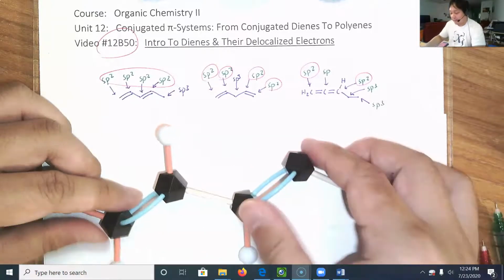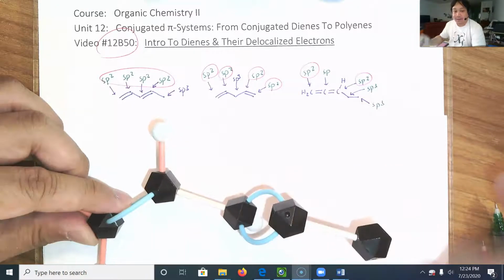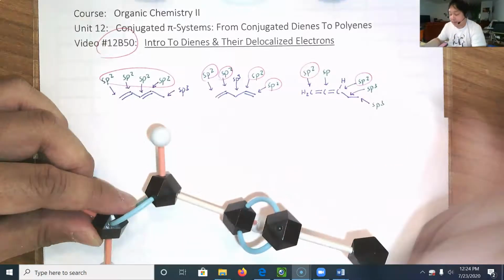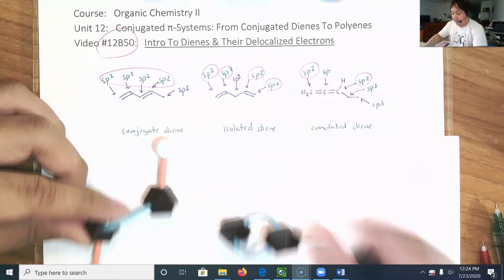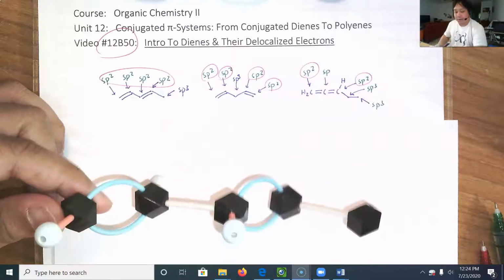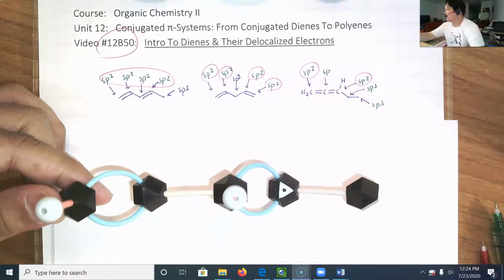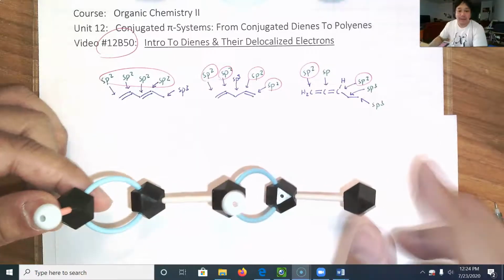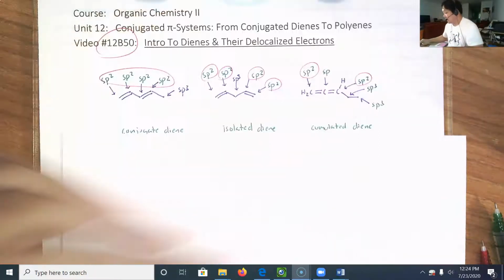Now, yes, if it twists out of the plane, then your p orbitals are not aligned. But in actuality, the molecule is most stable when they are aligned. And you have the molecule flat like this, and your p orbitals are now, if I hold the molecule like this, up and down. I'm not going to make a model. Look at the isolated.